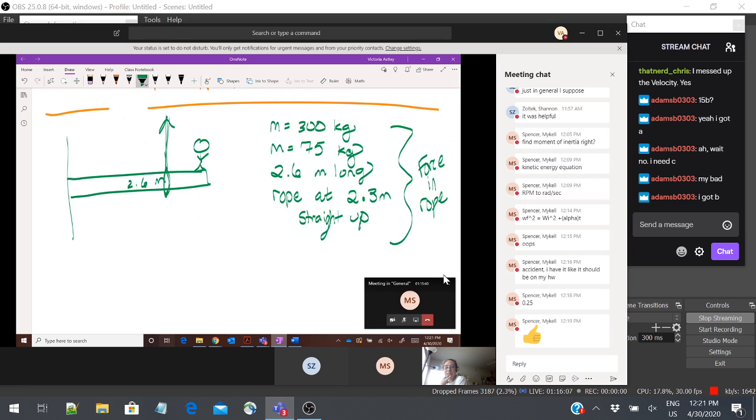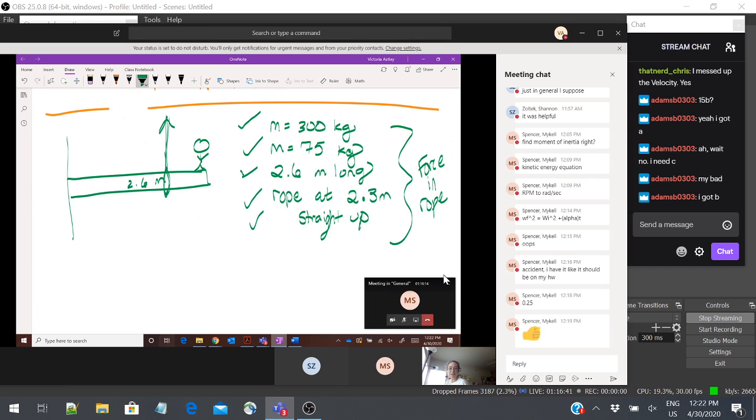So do we think all of these numbers will affect what result we get? I think yes. I think if we have a heavier beam, we'd need more force. I think if we had a heavier worker, we'd need more force. I think if we had a longer beam, we'd need more force. I think if we put the rope closer to the end, we'd need less force. And I think if we changed the angle, we'd need more force.